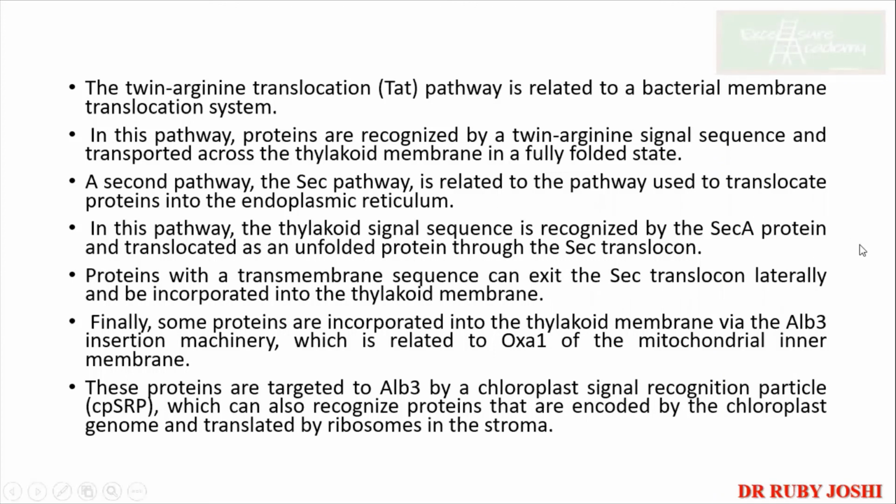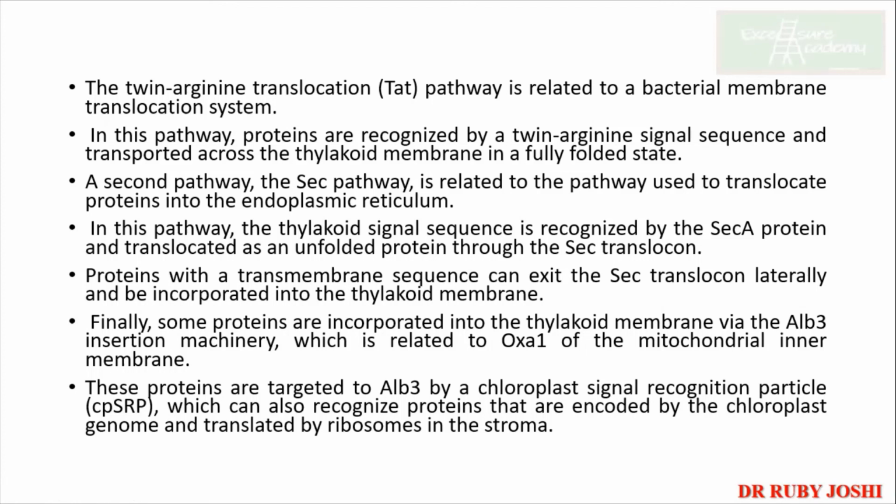Here you have SecA. Now, the proteins with the transmembrane sequence can exit the Sec translocon laterally and can be incorporated into the membrane. Finally, there are certain proteins which are incorporated into the thylakoid membrane via the ALB3 insertion, which is related to OXA1 in the case of the mitochondrial inner membrane. Remember, the mitochondrial membrane proteins were going through the OXA1 translocator.